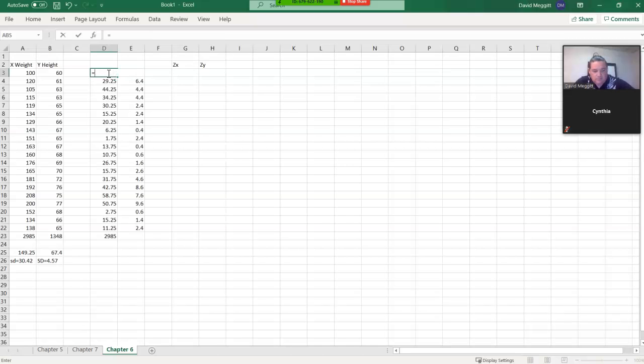I didn't want to make it negative or positive. Okay, so the z of x is then x minus x bar divided by standard deviation.